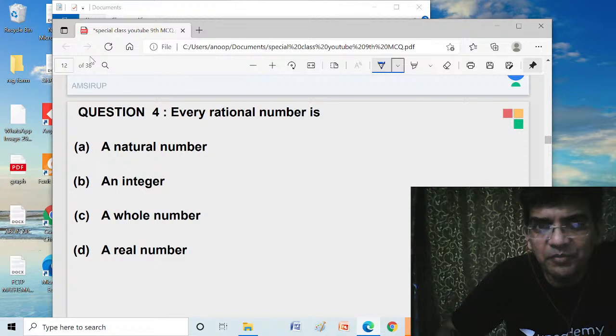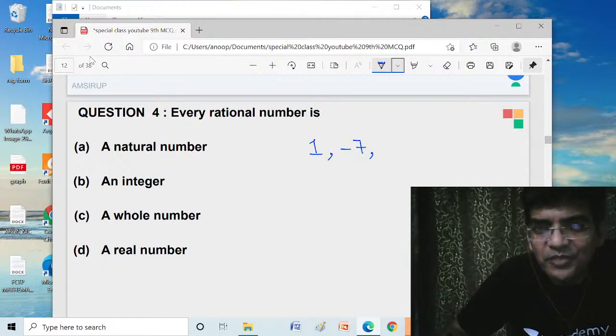Now see, suppose I am writing 1, so you will say this is a rational number. I write -7, so this is also a rational number. If I write a whole number, like suppose I write 0 or any other number, again this is a rational number.